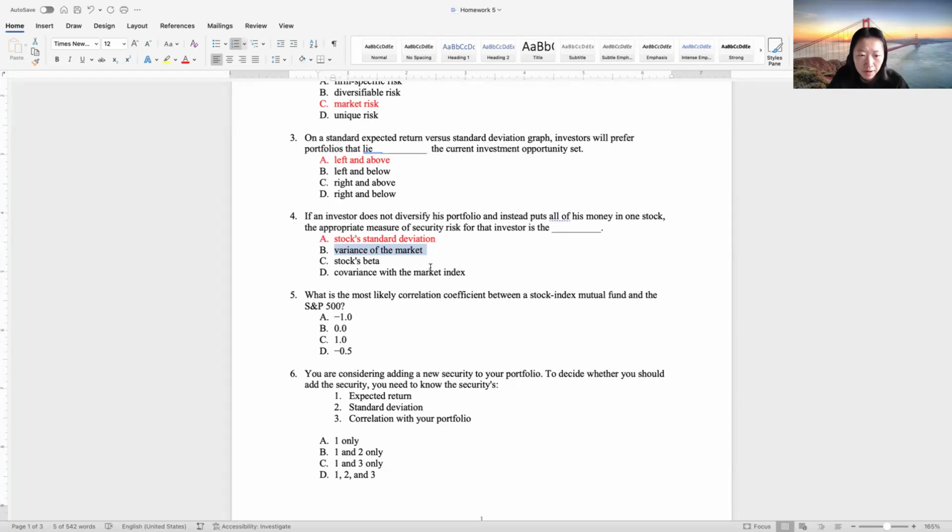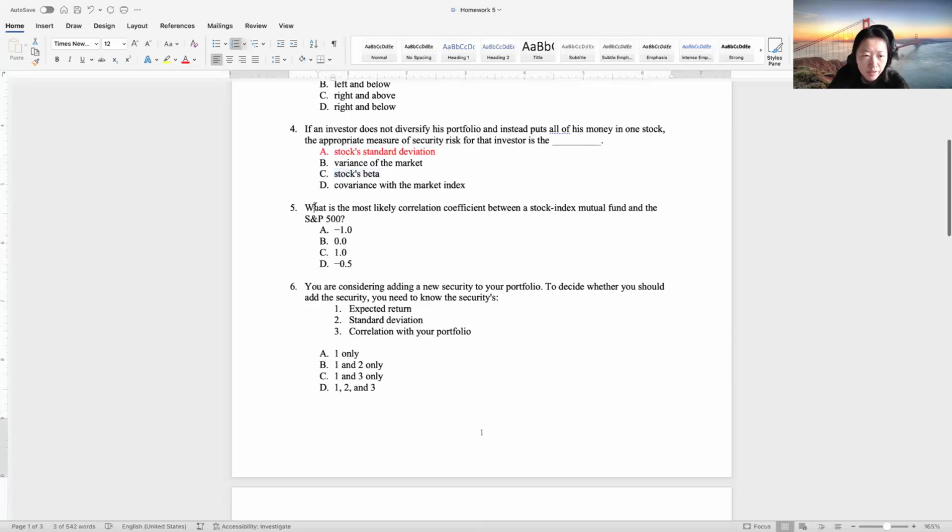And then covariance with the market index is a concept similar to the stock's beta, so co-movement with the market, capturing the systematic part. So next question, what is the most likely correlation coefficient between a stock index mutual fund and the S&P 500?